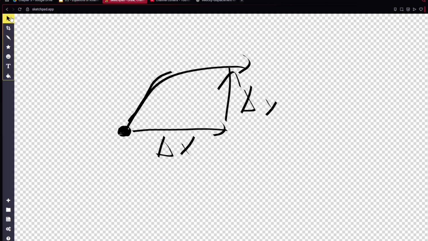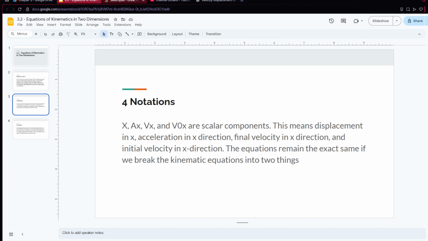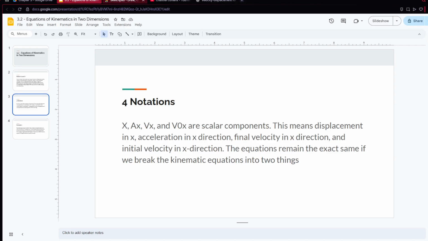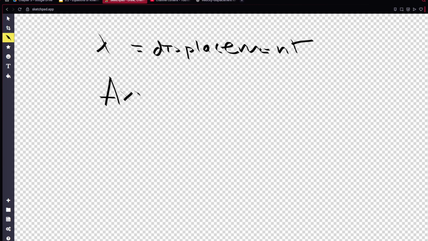Let's go over notations. So x is displacement, as everyone knows. Previously, they used r because that would be 2D displacement, but here we're only dealing with 1D or scalar components. Ax is acceleration in the x direction.